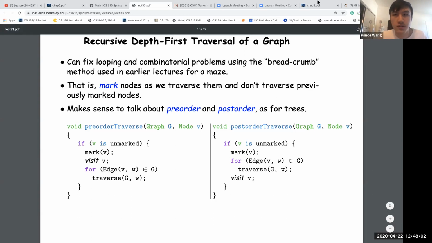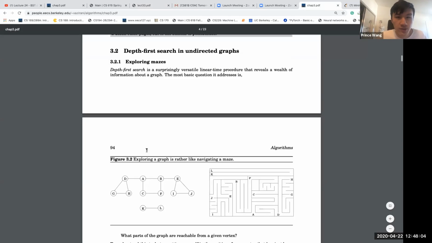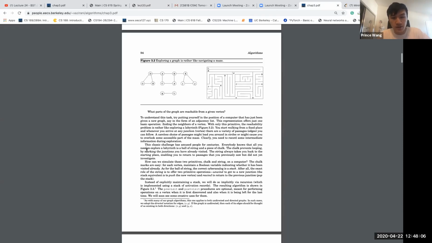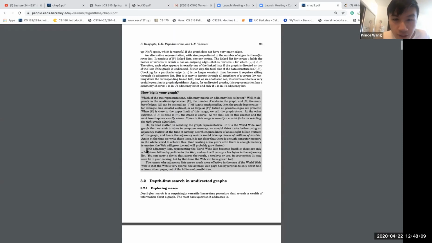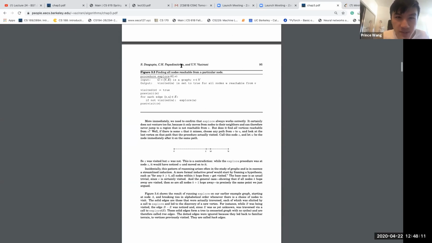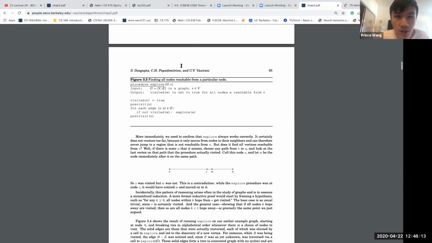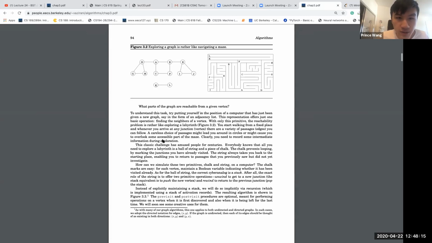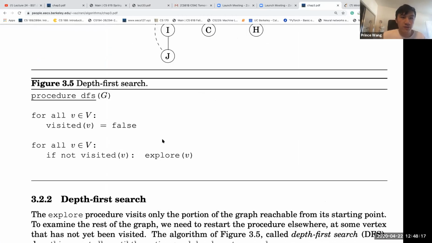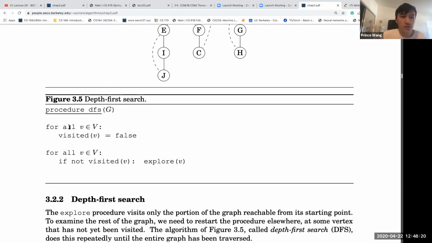There's also a very good pseudocode in my 170 textbook that I think is even more concise. So here is another pseudocode. For DFS, first you create an array of Boolean values where you mark the status of whether a node is visited or not, and you initialize it as all false.